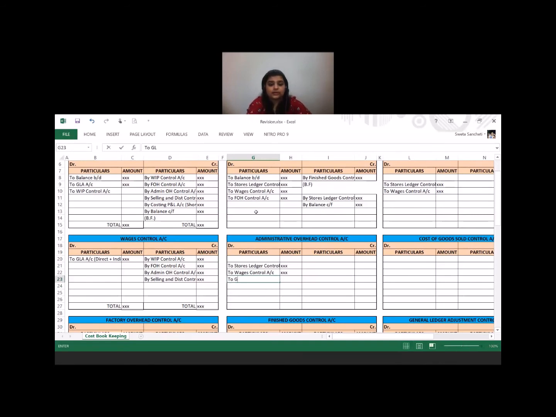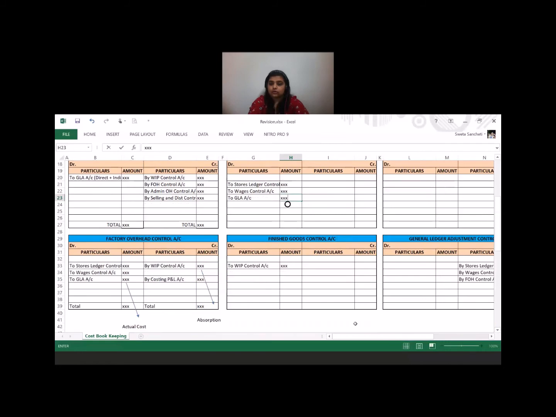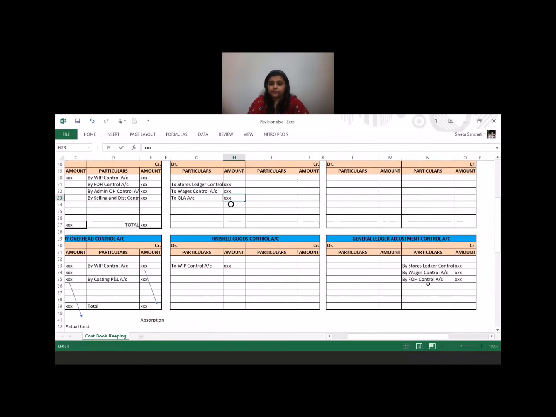So the indirect admin expenses, again going and hitting the GLA account for cash. So by admin overhead control account, here we have entered.